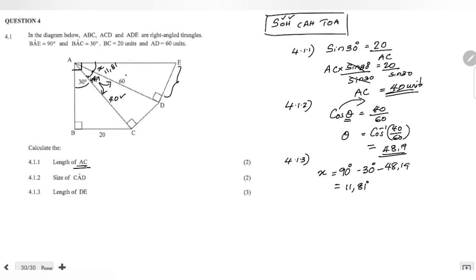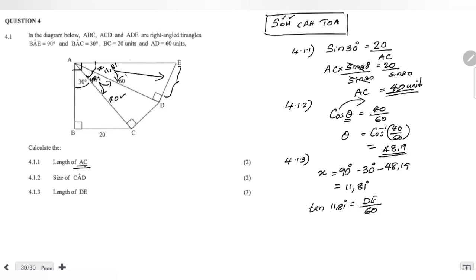Isn't that enough for finding DE? From that angle in that right angle triangle, which side you have to find? Opposite, and what is given? Adjacent is given, isn't it? So you have to use tan. Tan 11,81 degree is equal to opposite, DE, over adjacent, 60, isn't it?